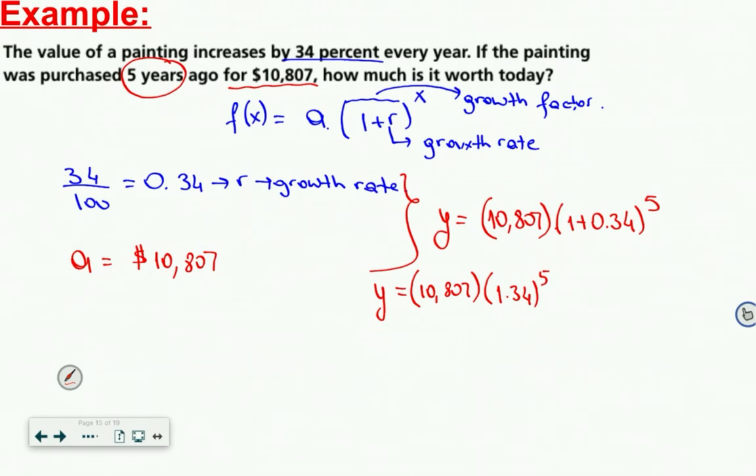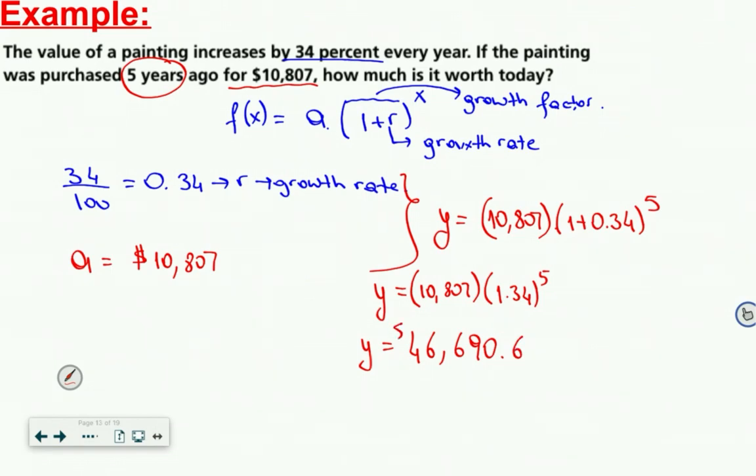If you use your calculator, you are going to find that 10,807 times 1.34 to the power 5 is equal to, y is equal to approximately 46,690.6.